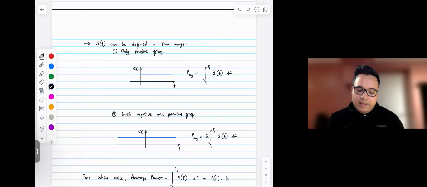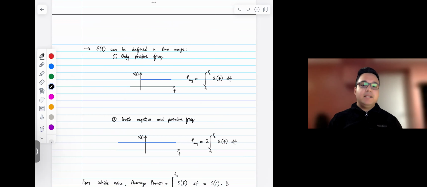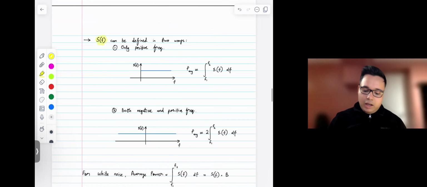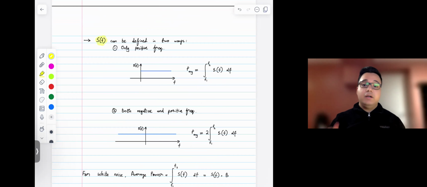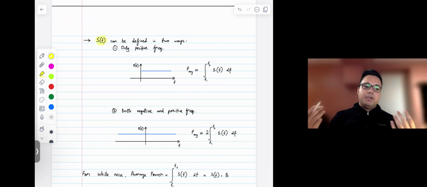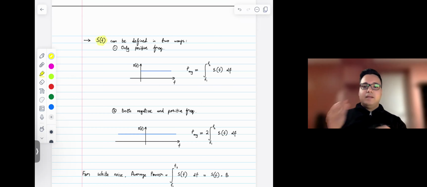All right. And then a third note, just in general, is the definition of PSD, or power spectral density. There are two different ways to define PSD: one-sided PSD and two-sided PSD. The only difference is that for one-sided PSD, you're only considering the positive frequencies, but some people like to consider two-sided PSD, in which case you're considering both the positive and the negative frequencies.